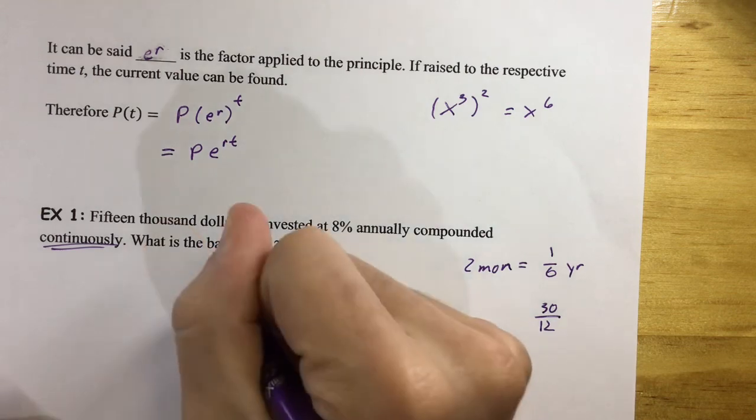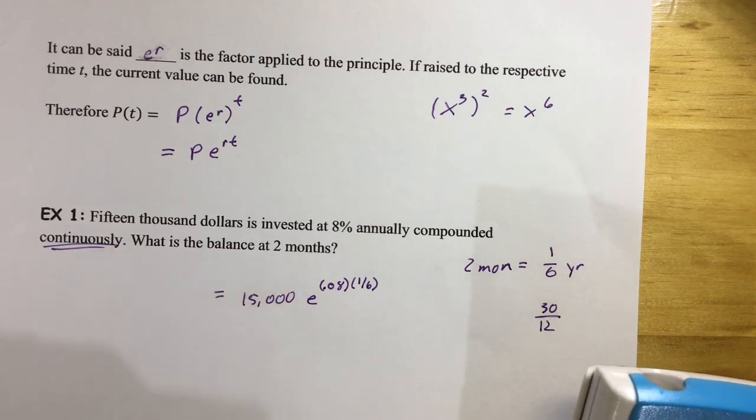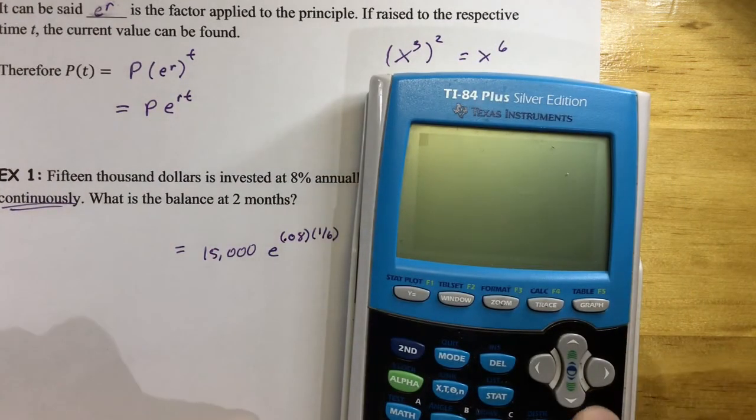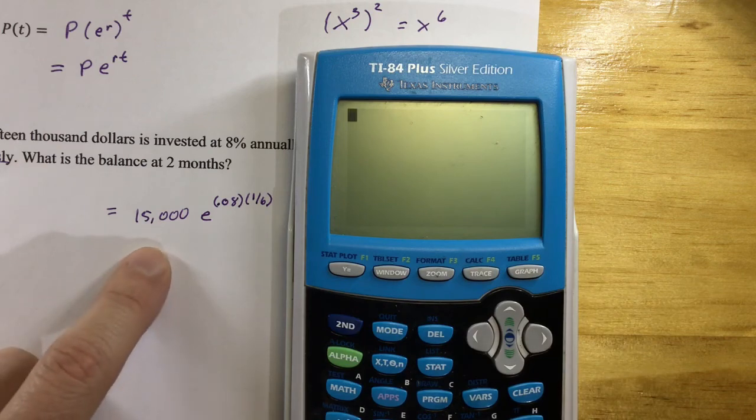Anyhow, that's it. That's the equation if you're going to do continuously compounded. Visually, I think it's a lot shorter than the other type of compounding. You are going to need a calculator to run this one, though. No way around that.